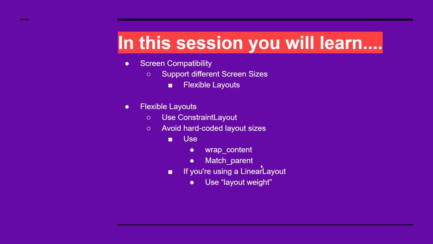But if you're using linear layout, you can use the layout weight property as well. The idea here is to make the layout flexible, so either use constraint layouts or avoid hard coding layout sizes, like we discussed.